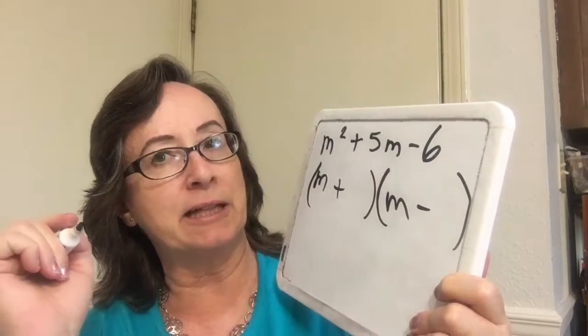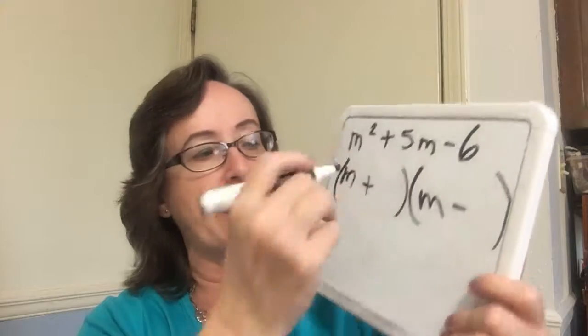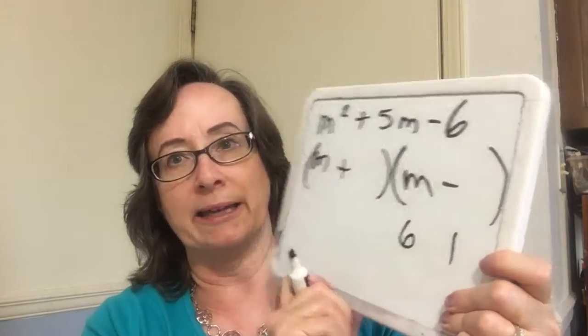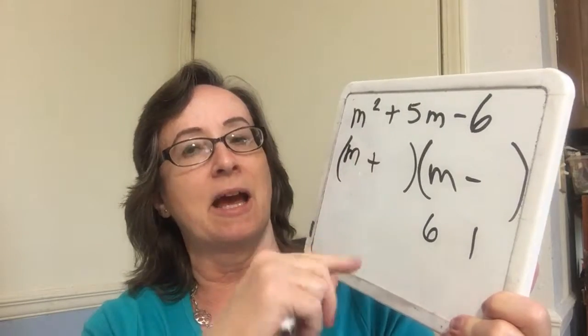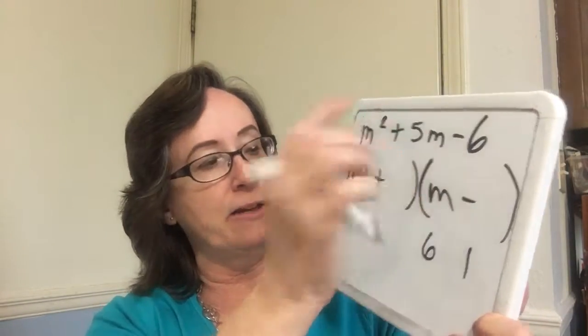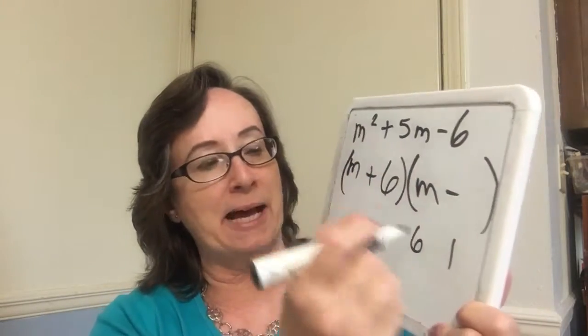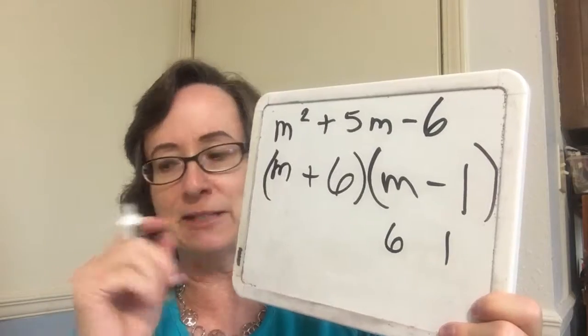And then I'm looking for a product of 6 but a difference of 5. So 6 and 1 will be the one I'm trying because 6 and 1 is a product of 6 but a difference of 5. Since I want the middle term to be positive, I will put my 6 positive, my 1 negative, and I have that one factored.